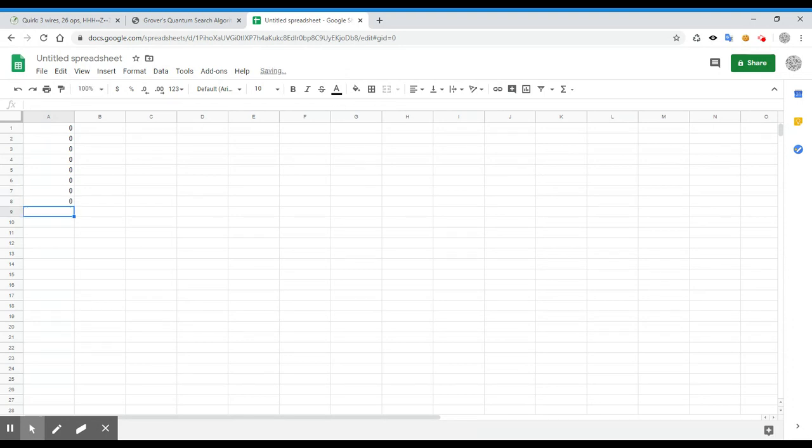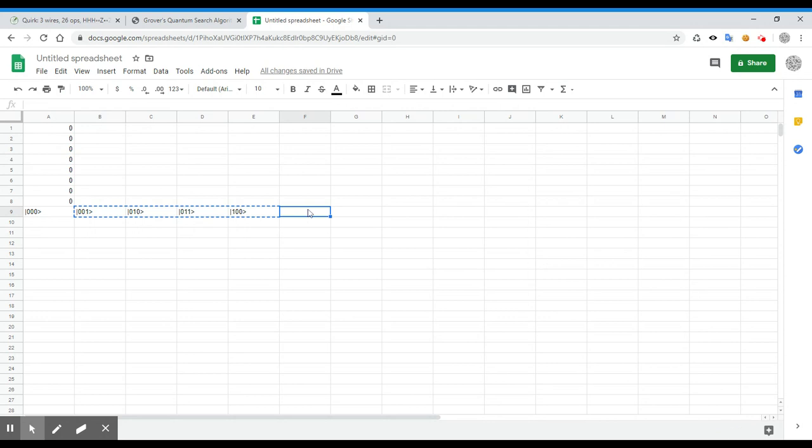I'll put the cat 0, 0, 0. So this is the cat 0, 0, 1. This is the cat 0, 1, 0. This is the cat 0, 1, 1. This is the cat 1, 0, 0. Am I missing anything? I don't think so.